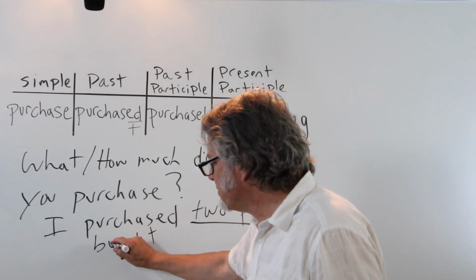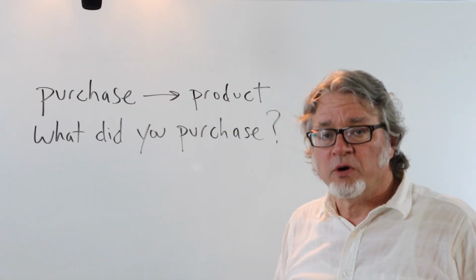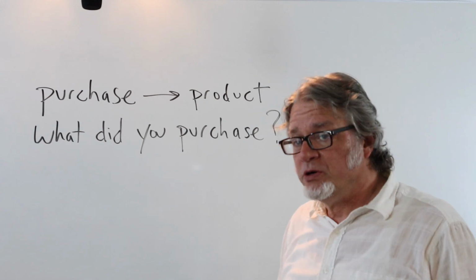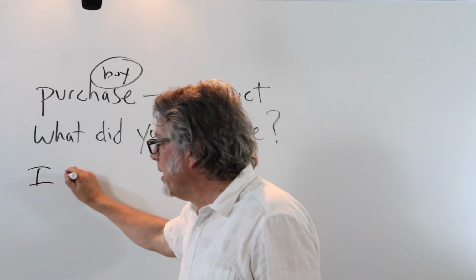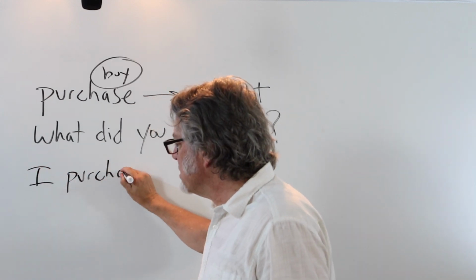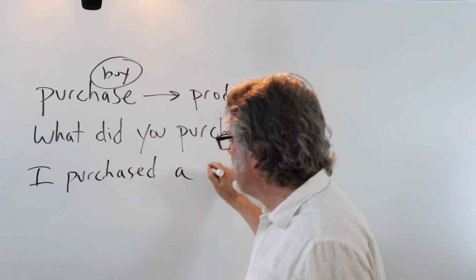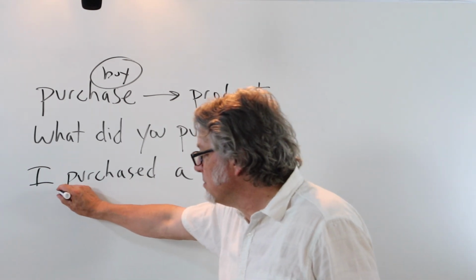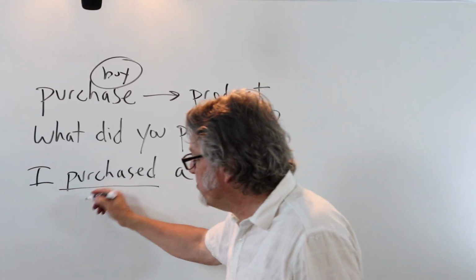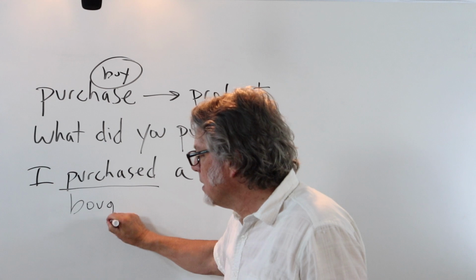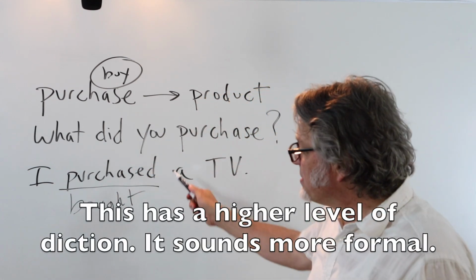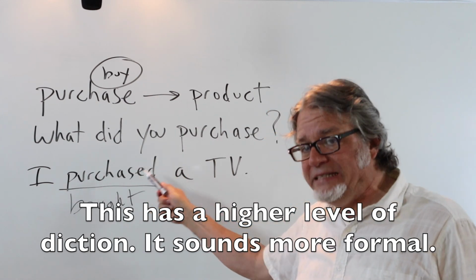That's really the same. Use the word purchase for a product. What did you purchase? I purchased a TV. If you replace purchased with bought, the meaning is exactly the same. It's just that this has a higher level of diction.